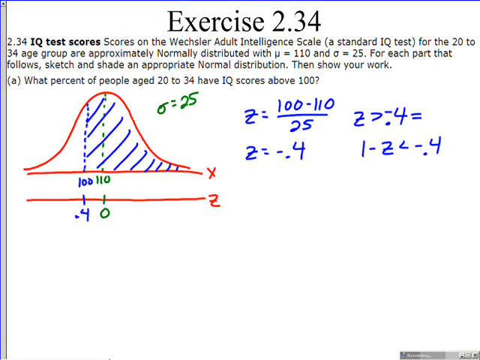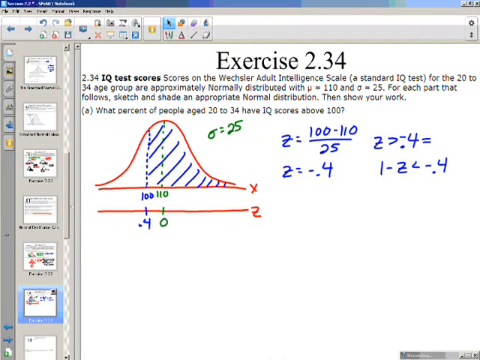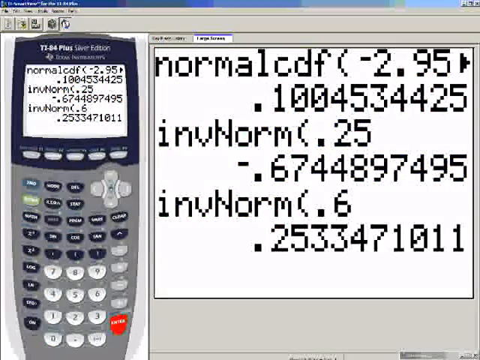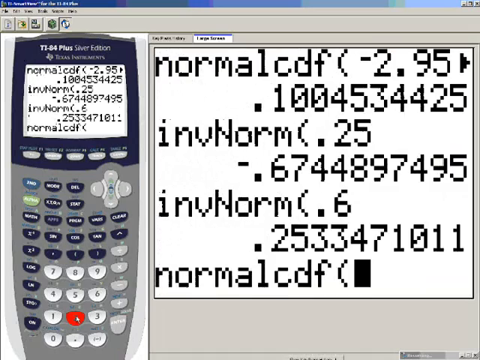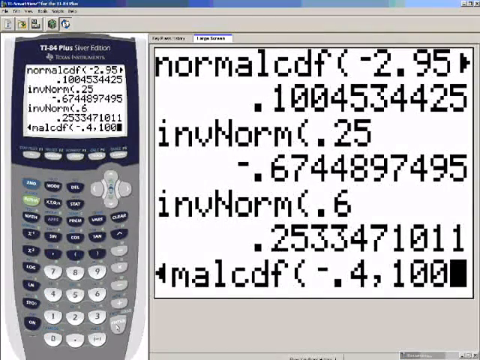So that's how we would plug it in if we were doing it on the table. We don't need to do this on the table. We can find it directly on the calculator. So now that we know our left bound is negative 0.4, our right bound is 100, we can go normal CDF from negative 0.4 up to 100.